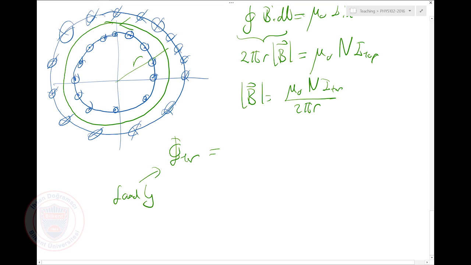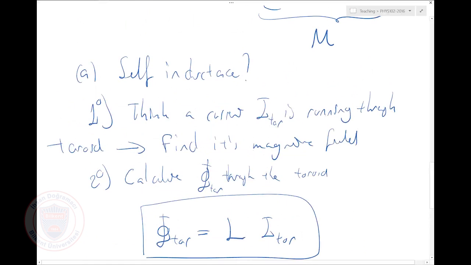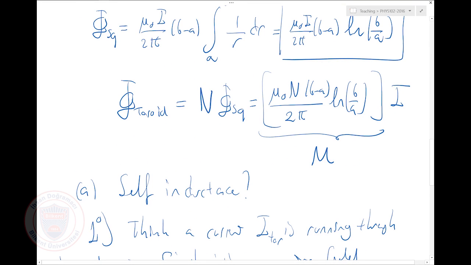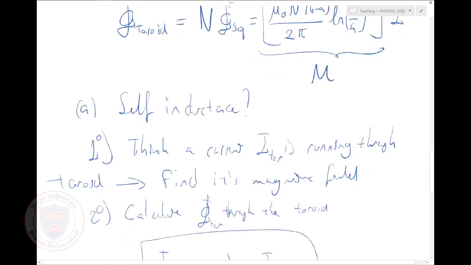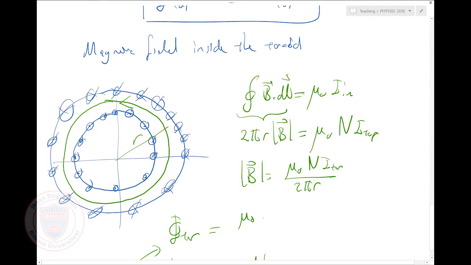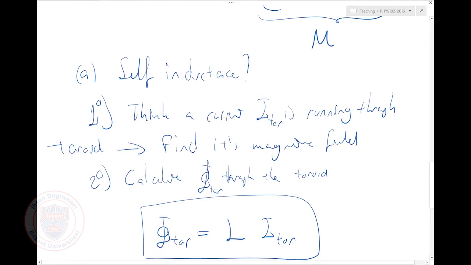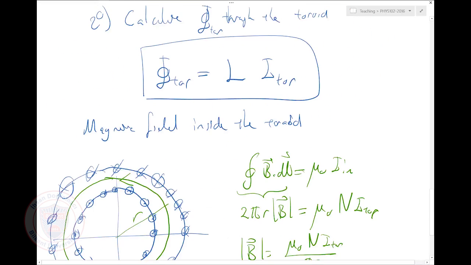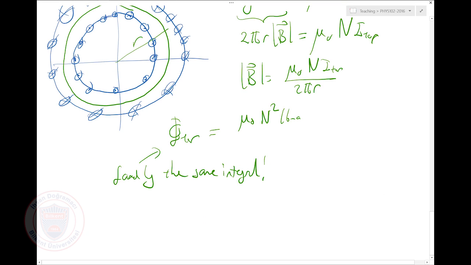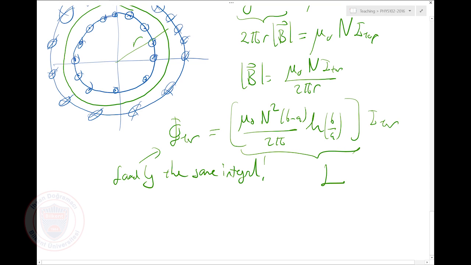It is found by the same integral, so it's going to be exactly the same stuff, only I need to multiply it by N. That's going to be my answer: mu 0 N squared (B minus A) over 2 pi, ln(B over A), times I toroid. So this is going to be my self-inductance. All right? Is everyone happy?